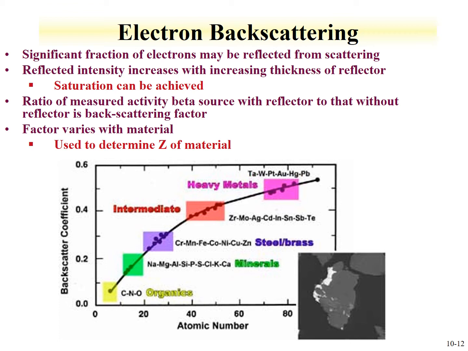So you can understand a backscatter factor, and the factor varies with material, and as one can imagine, the Z, the number of electrons in the material, is going to have an influence on the ability of something to scatter. So one can evaluate a backscatter coefficient and have that reflected against the atomic number. And we can see that lower Z material, lower backscatter coefficient, higher Z material, higher backscatter coefficient.